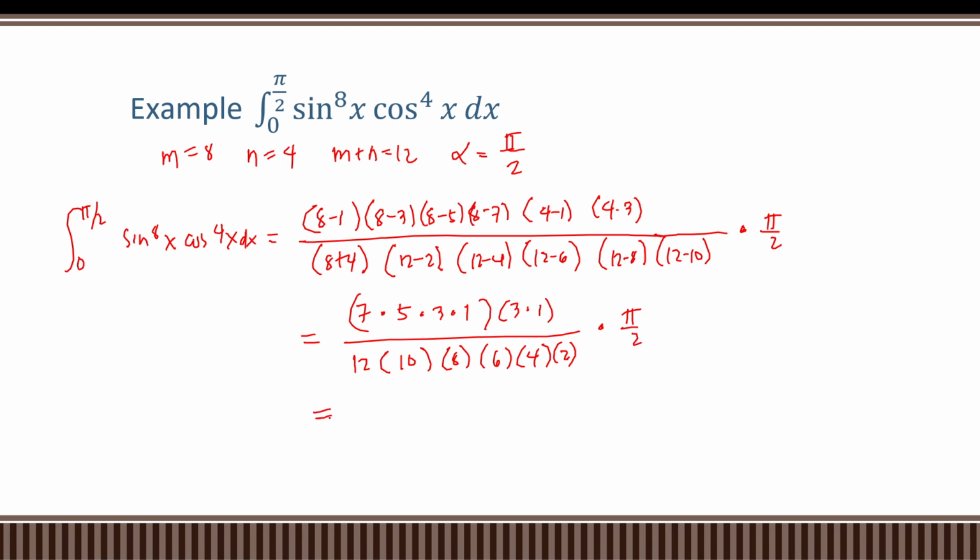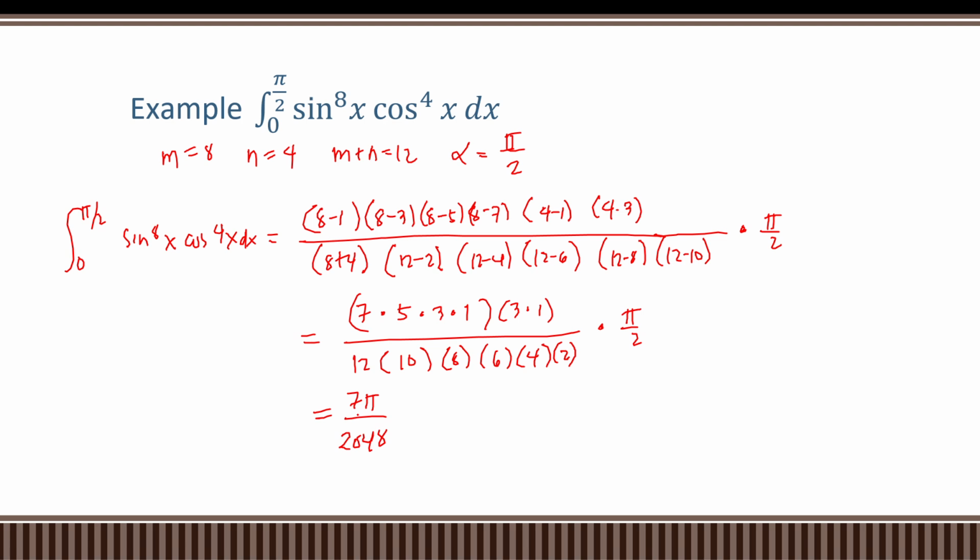So 7 times 5 times 3 times 3 over 12 times 10 times 8 times 6 times 4 times 2, times pi over 2. The answer is 7 pi over 2048. Okay, let's recap.